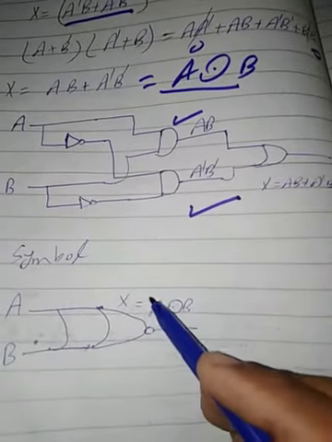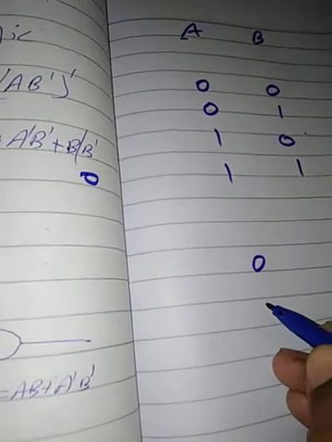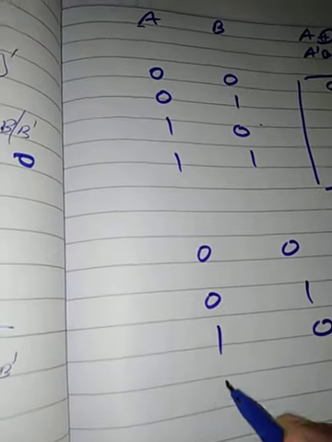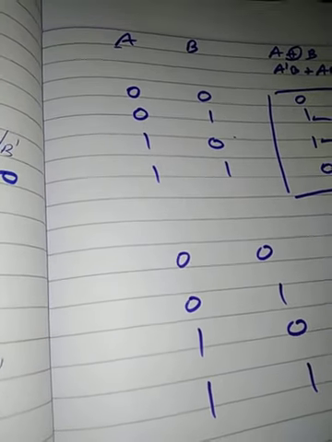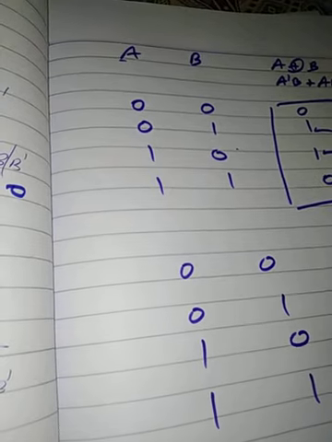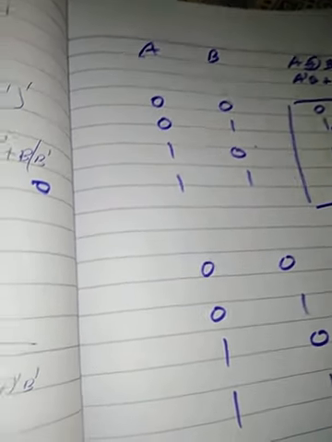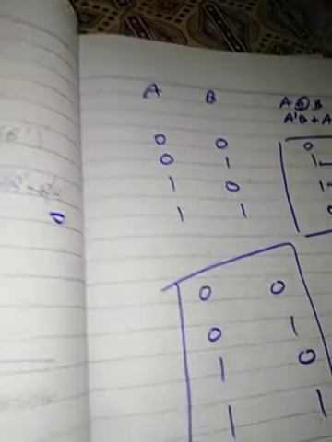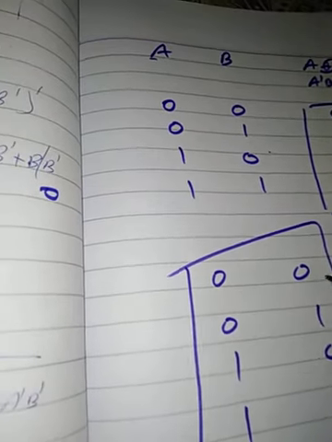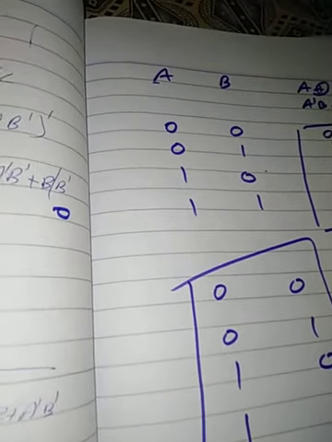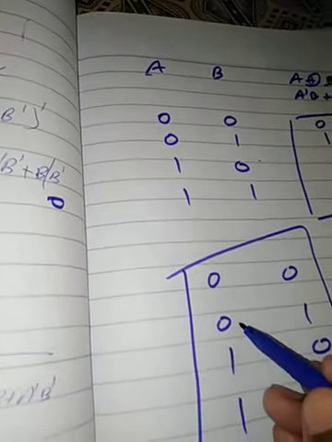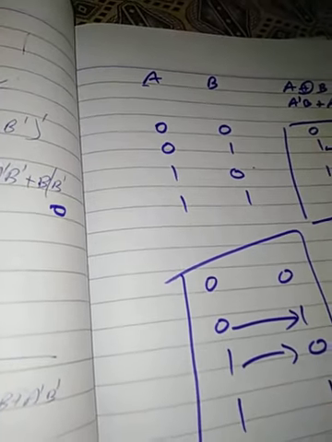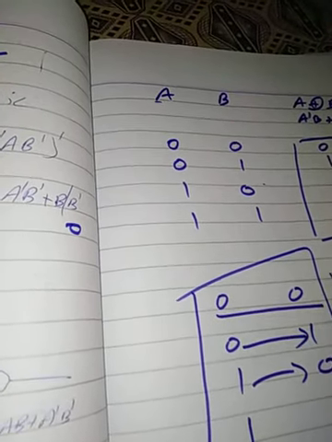This is the symbol diagram of exclusive NOR, and its table is 0 0, 0 1, 1 0, 1 1 inputs, and its expression is both simple plus both complement. Since this is the opposite of exclusive OR, its output gives 1 for same and 0 for different. If the inputs are different, its output is 0. If the inputs are the same, its output is 1.